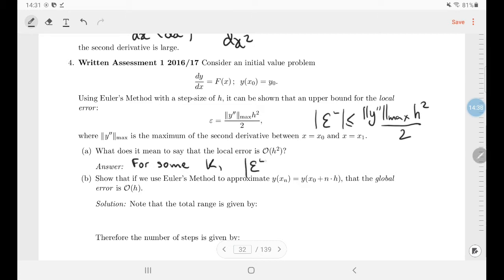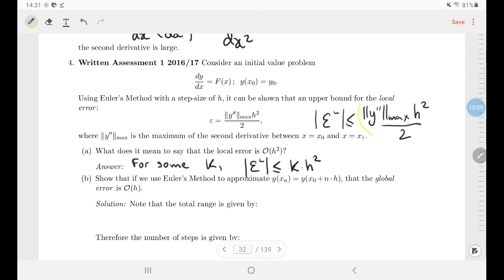I won't be too fussy on that. So the absolute value of the local error is less than or equal to a multiple of h squared. You can write that in English as well. So what does it mean to say that the local error is order h squared? It's less than a multiple of h squared. That's all. Okay. And this is, look at the formula up here.